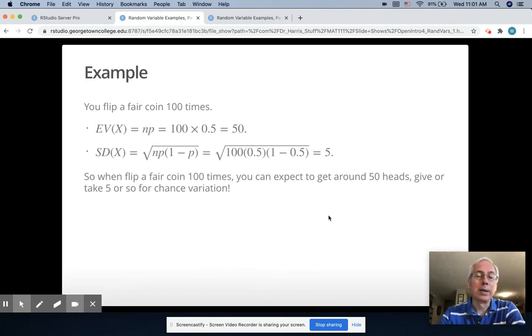And if you go back and think about what the probability was in the previous slideshow of getting between 45 and 55 heads, it wasn't exactly 2/3, but it was not too far away from 2/3, which is the likelihood we expect of typical values occurring within one standard deviation. So this is a quick application of expected value and standard deviation for a binomial random variable.